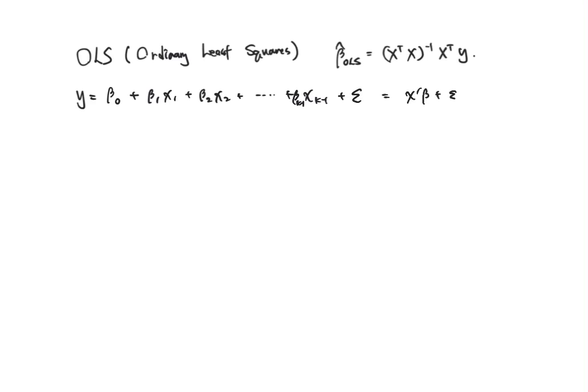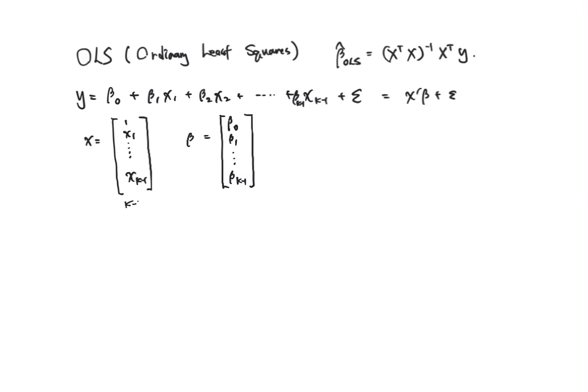The x vector starts with 1, x1, up to x k minus 1, and the beta vector starts with beta 0, beta 1, up to beta k minus 1. Both vectors are k dimensional, so k by 1 and k by 1.